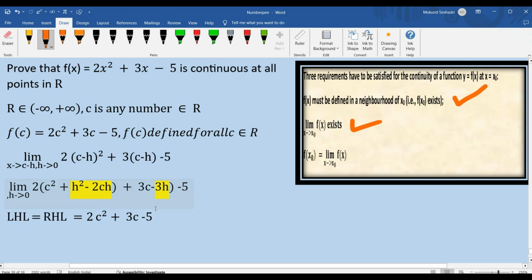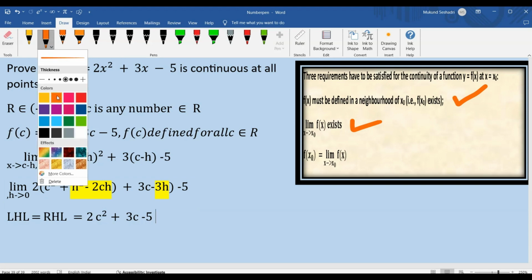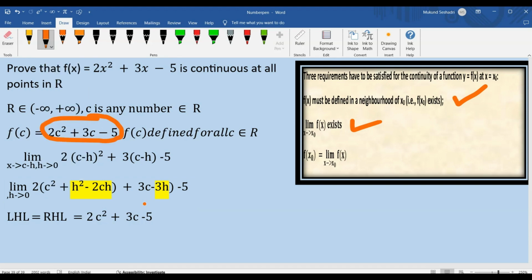And now I don't have to do anything special or additional for checking condition 3, right? All that I have to do is check what is the value of f of x naught, which we have called c in this particular case. That is nothing but 2c square plus 3c minus 5. And what is my limit as x tends to c of f of x?